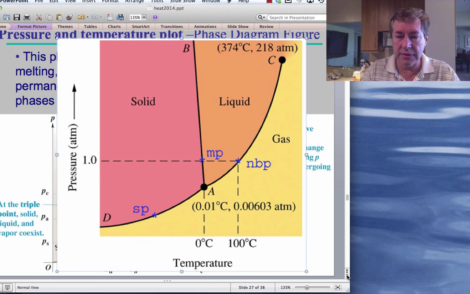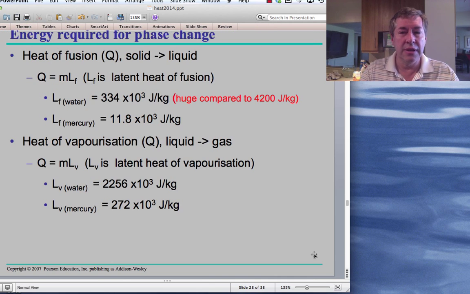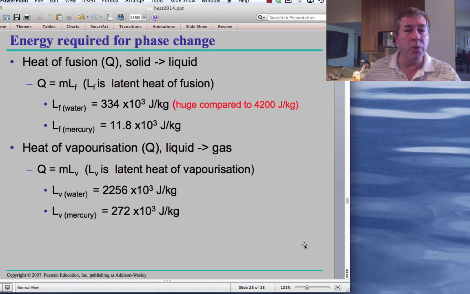Who knows? All right. So the main point I want you to know for today is that when you cross one of those boundaries, for example, you go from a solid to a liquid, which is called melting, or if you go from a liquid to a solid, which is called fusion, there's a large change in the internal energy of the molecules. So, why?